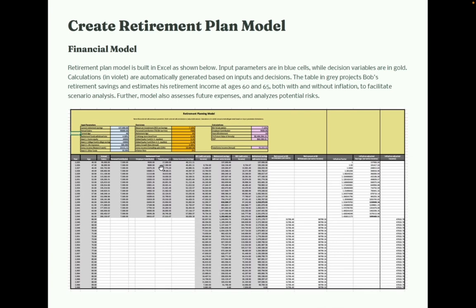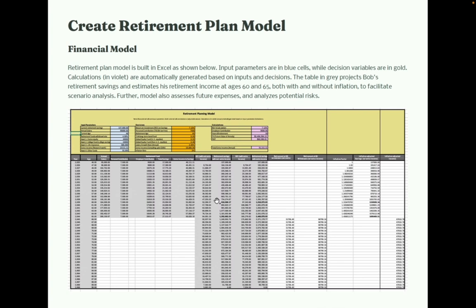In the Excel model implementation here, I have organized the input parameters, decisions, and calculations into 3 different tables. The blue cells represent the input parameters. These could vary from person to person, and the decisions are in gold cells. Again, these values can also be changed. However, the calculations and the projections are not changed manually.